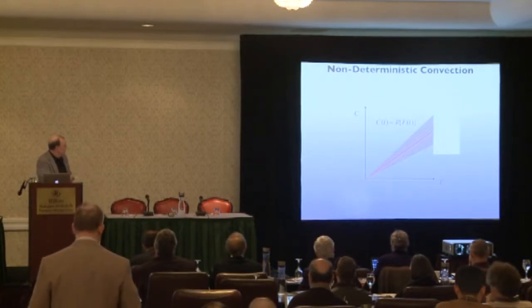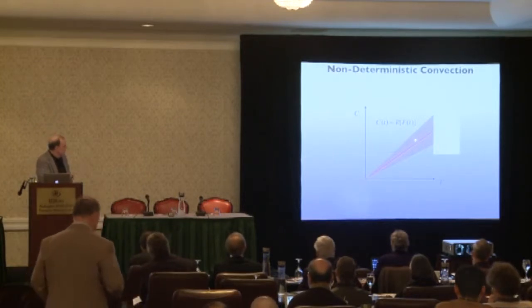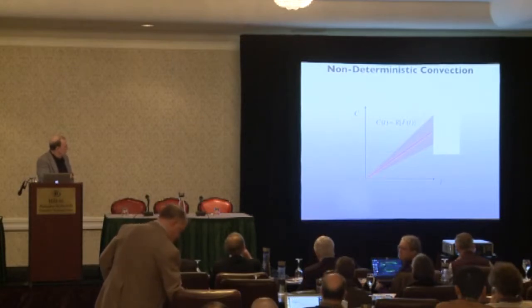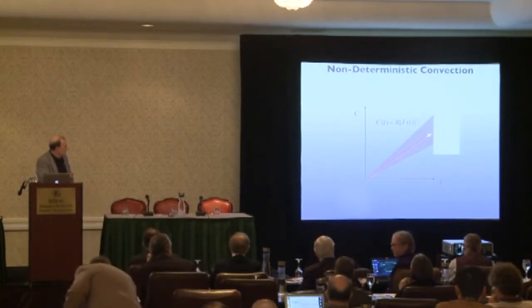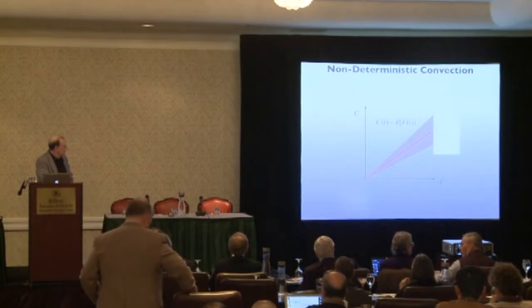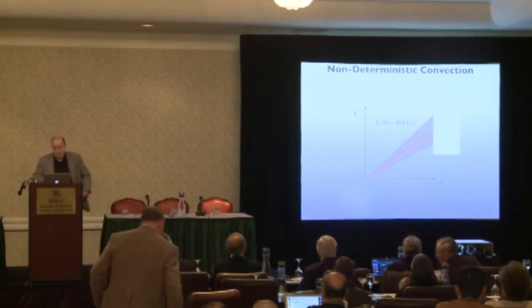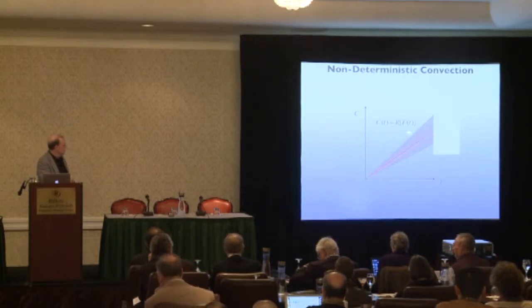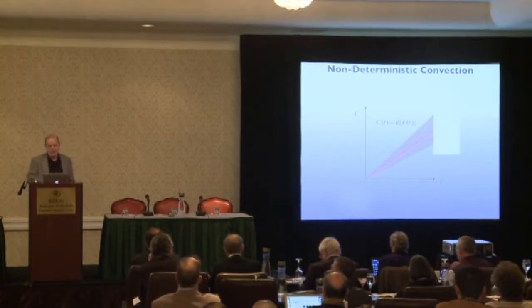So we can imagine that for a given forcing, there might be a range of possible convective responses shown here. And the most likely value would be given by the number on the red line, but there are other possibilities. So there's an ensemble of possible realizations, and we get one of them on a given day.